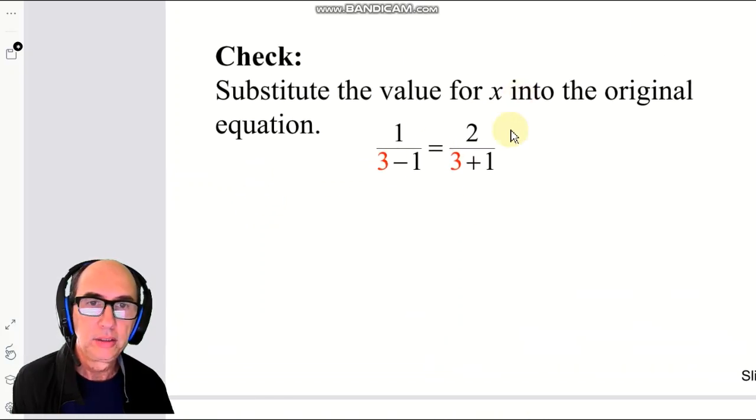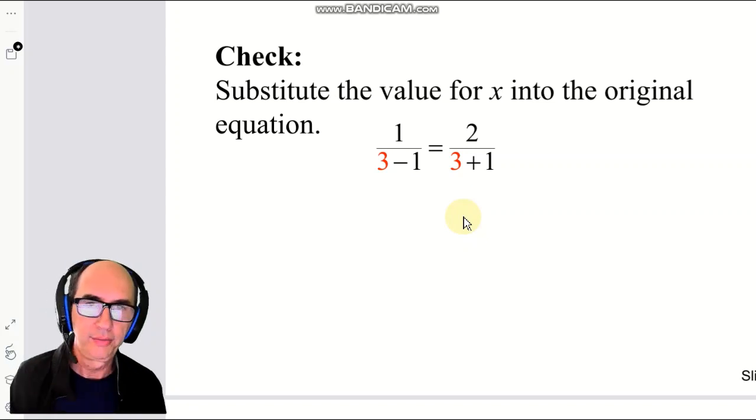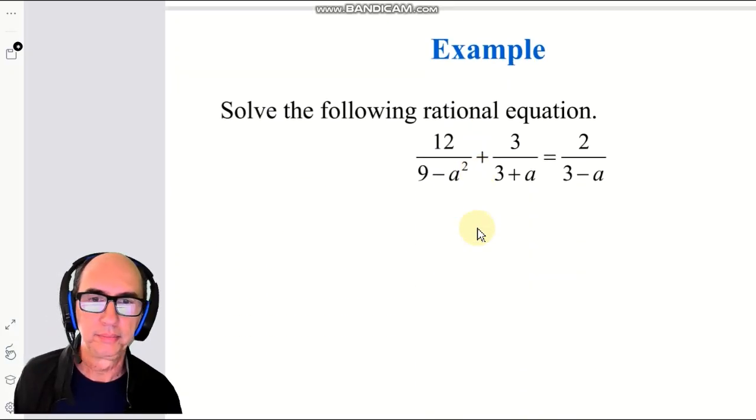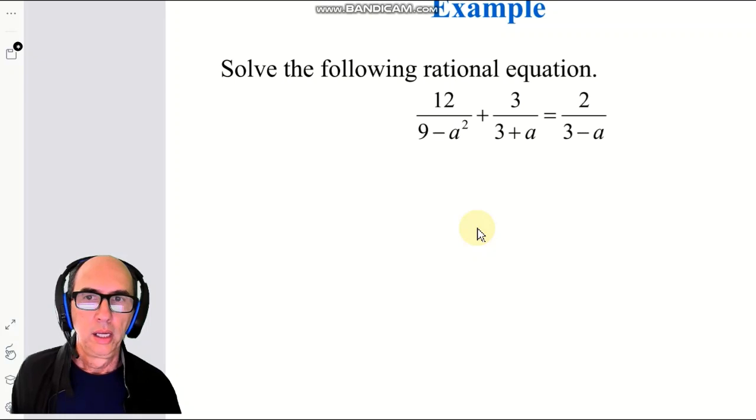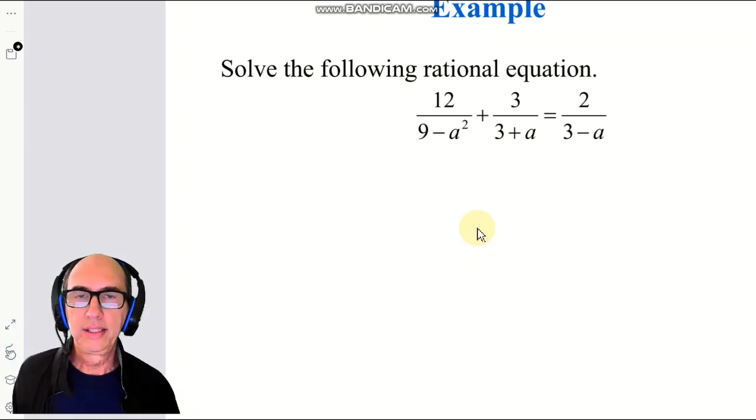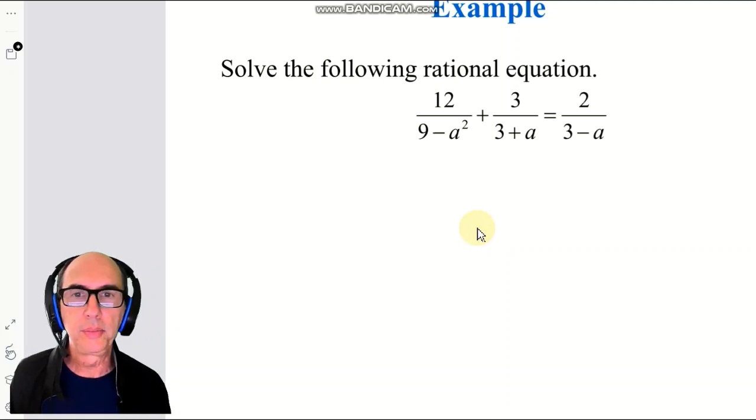Substitute the values into the original equation always, and check if you really got the right answer. On this example now, what is the least common denominator?